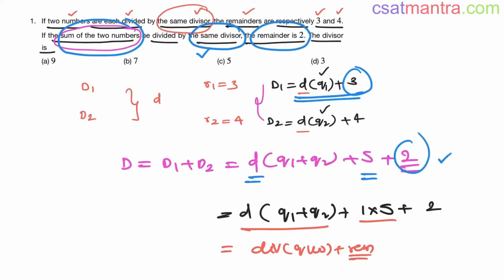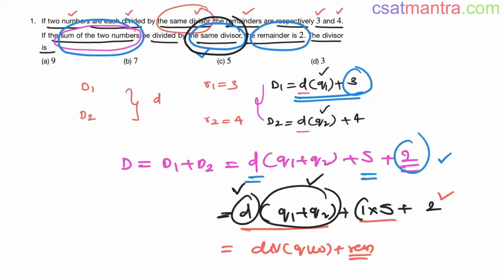Remainder is very clear, that is 2. Now see, we want to have the same divisor, that is small d. Here we have small d into q1 plus q2. This is divisor, this is quotient. Now if small d is 1, then 5 will be quotient here, my friends. So we can say divisor is 1. Then quotient will be q1 plus q2 plus 5 plus 2.